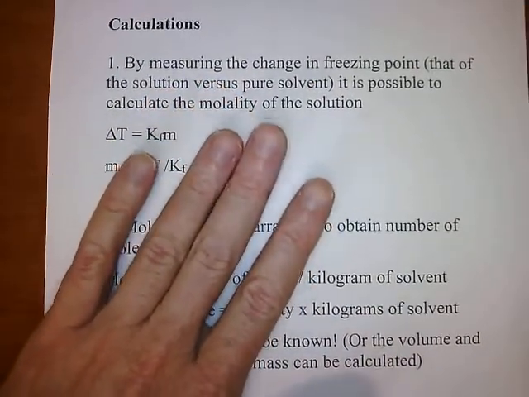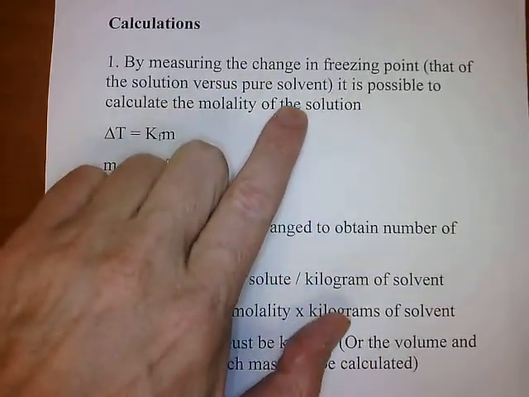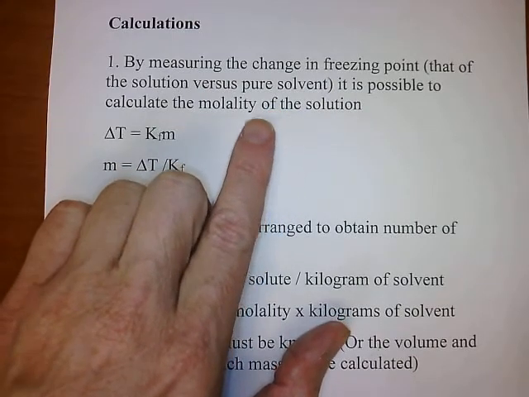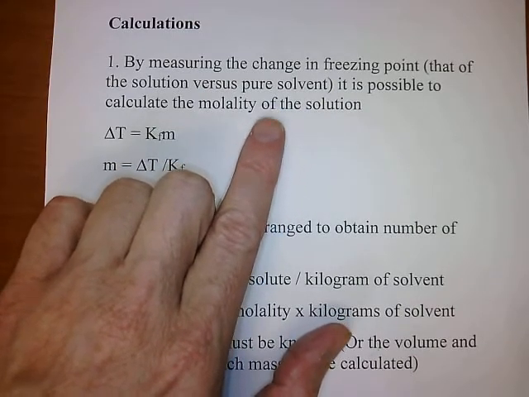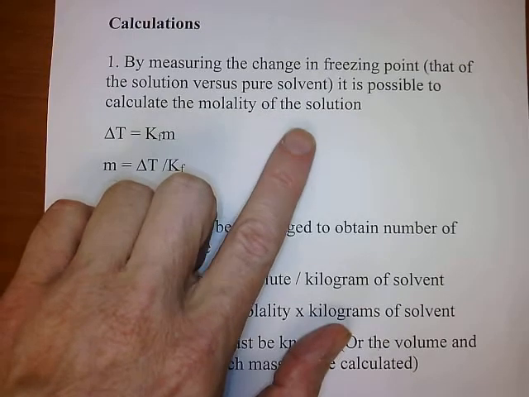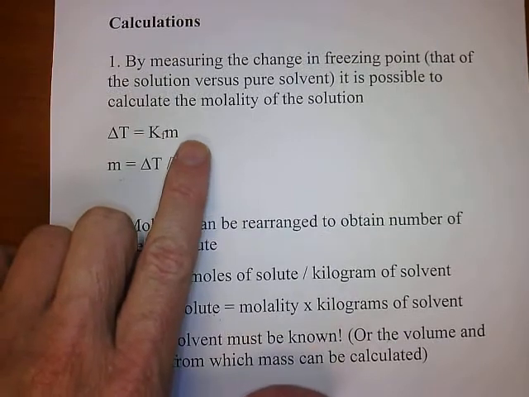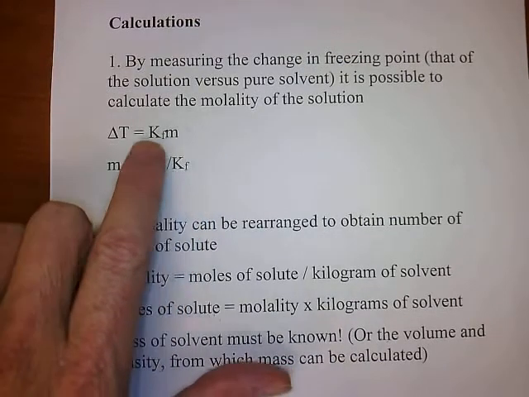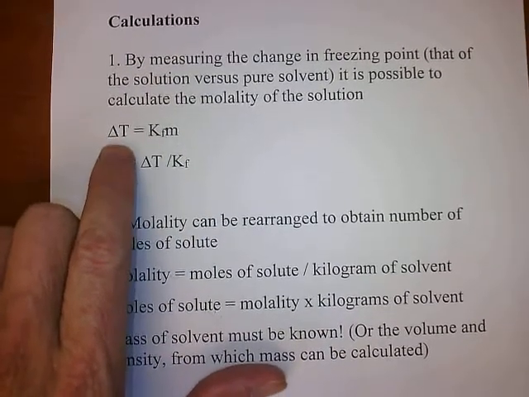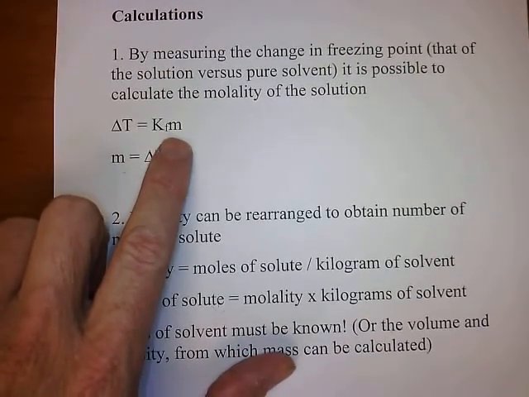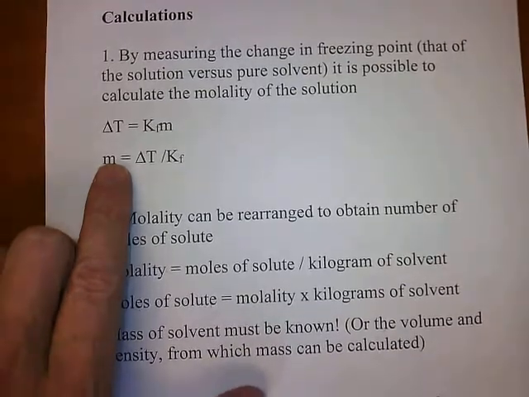So the first thing we're going to do is measure the change in the freezing point. And the change is that of the solution versus that of the pure solvent. It is possible to calculate the molality of the solution, right? So we take our equation for freezing point depression, delta T is equal to Kf m, and rearrange it to solve for the molality.